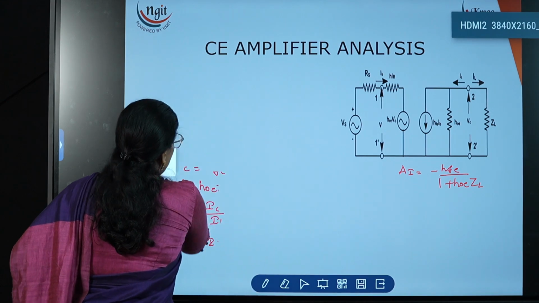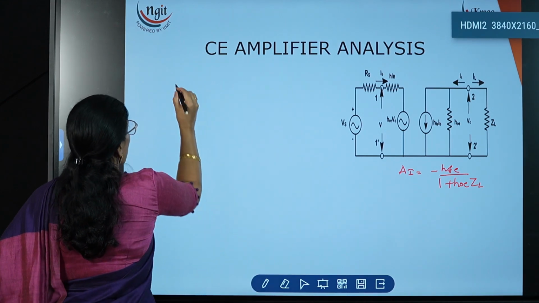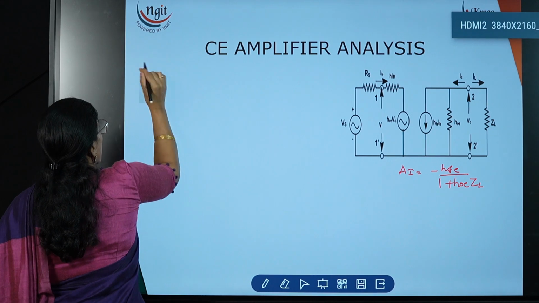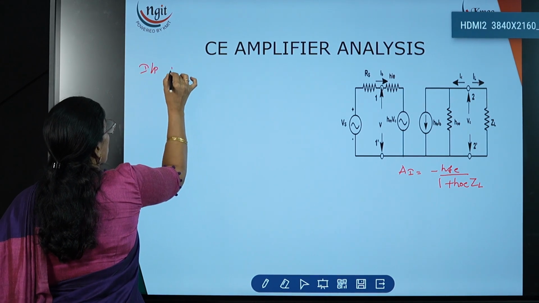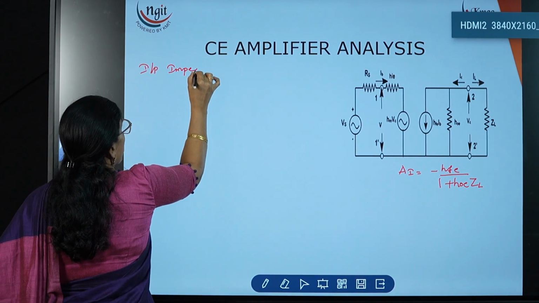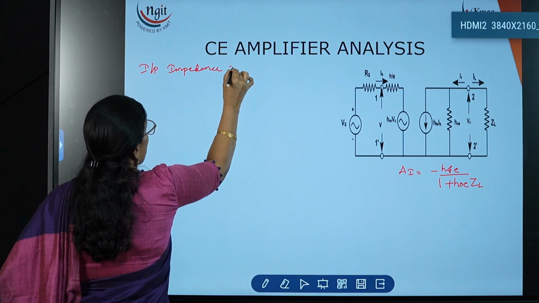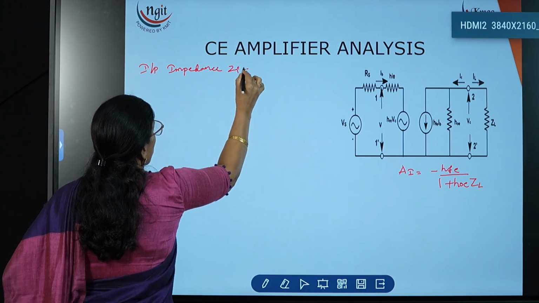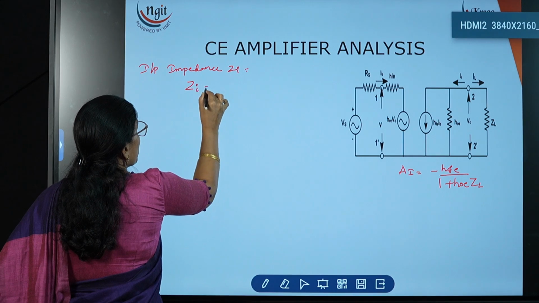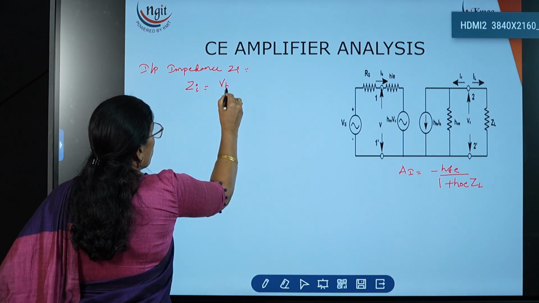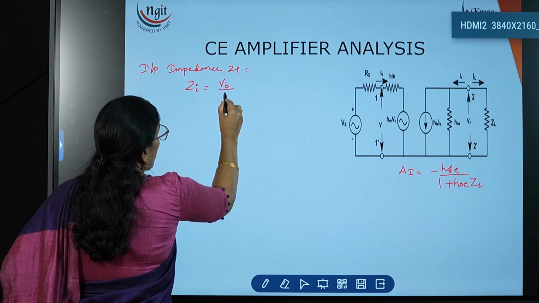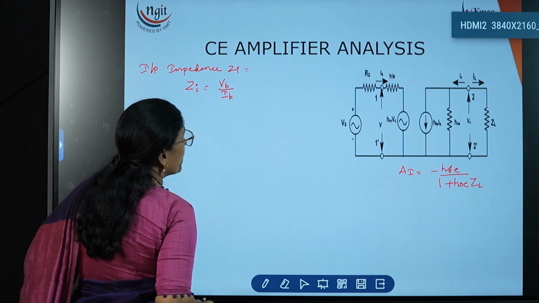Now let me calculate the input impedance ZI. ZI is nothing but VB divided by IB.